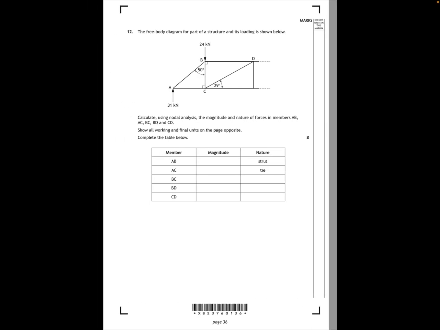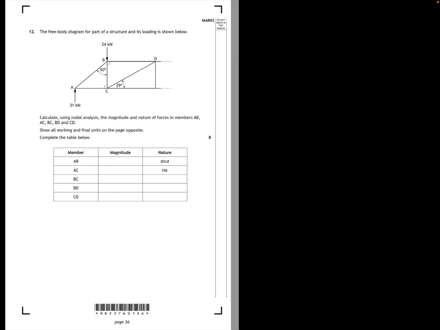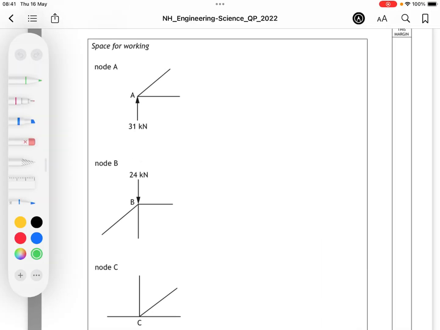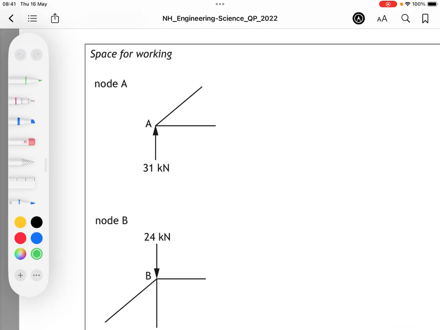We know that AB is a strut and AC is a tie. As I look at this node, if AB is a strut, the internal forces are going to be acting towards the node, and AC is a tie, so the internal forces are going to be acting away from the node.